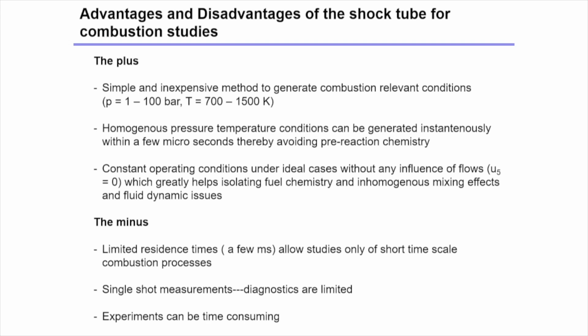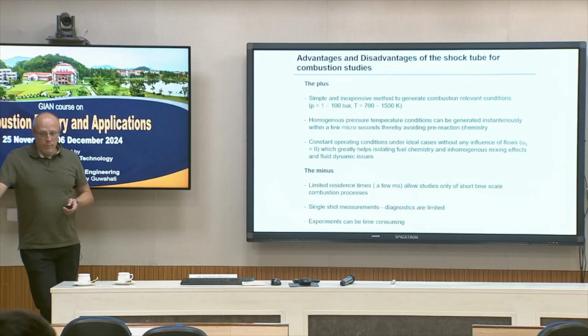Of course, it has some disadvantages. We only have a few milliseconds. This is mainly the limitation to the lower temperature range. We have one experiment, where we may perform also some laser-induced fluorescence or whatever, but we have only one shot per experiment.